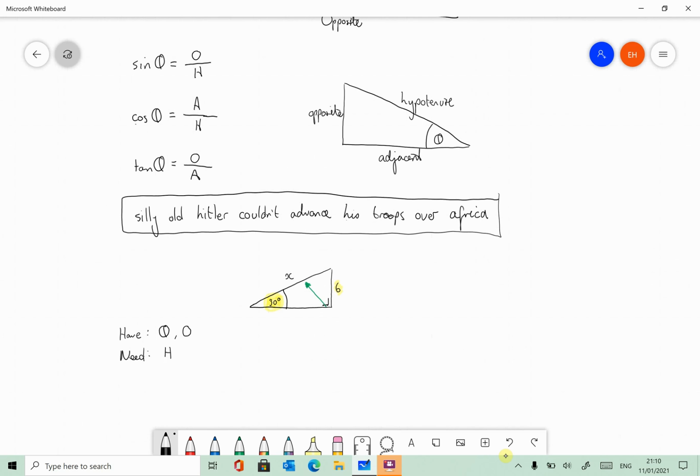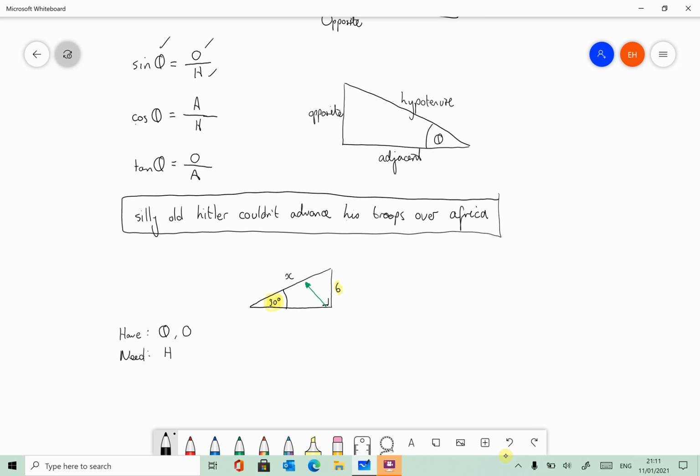So let's take a look at tan. Tan has theta, it has O, but it doesn't have H. It has an A instead of H. So tan is no good to us. What about cosine? Cos has a theta, but it doesn't have an O. So cosine doesn't deal with the opposite. What about sine? It has a theta, it has an opposite, and it has a hypotenuse.